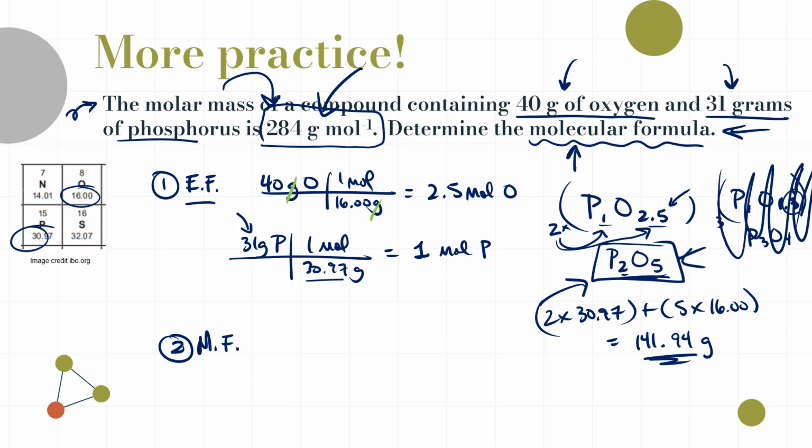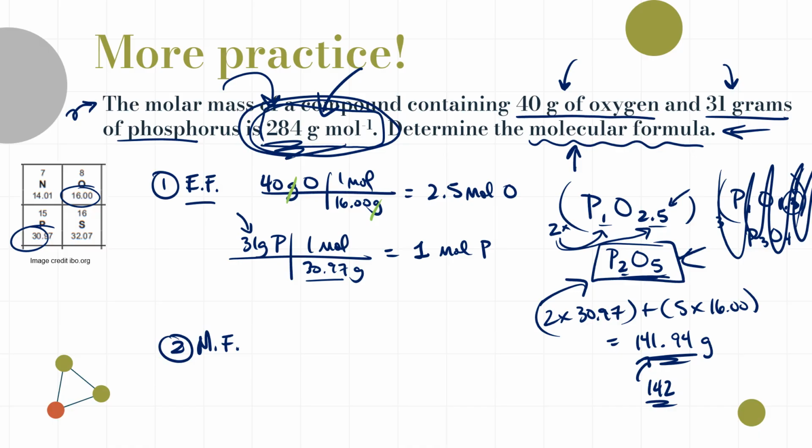So I'm going to look at this mass, and I'm going to look at this molar mass, and I'm going to try to figure out what's the scale factor between them. What if I said 141.94 is kind of almost the same as 142? And 284 and 142, do you notice that it's a 2-to-1 ratio? It sure is. If you don't notice that, that's okay.